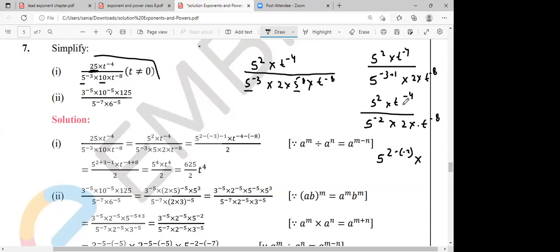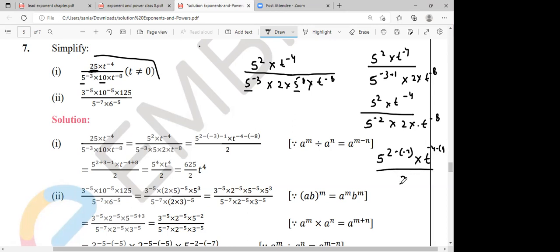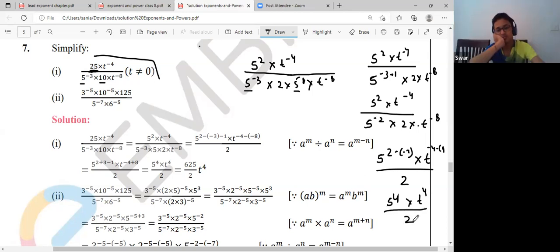And here you have t, same base but different power. So again t, minus 4 minus minus 8. So when you solve it, you will get 5 raised to the power 4 multiplied by t raised to the power 4, divided by 2, right?